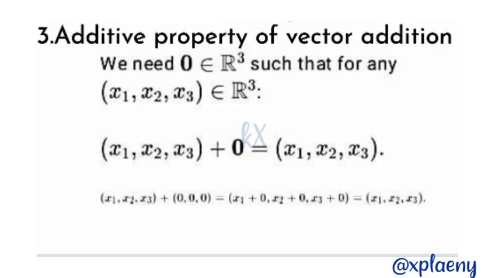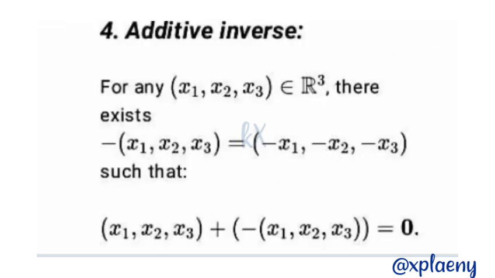So u plus v in this instance, where v is 0, gives you u. That means our y dimension is 0, 0, 0. So that is our additive property in three-dimensional Euclidean space.